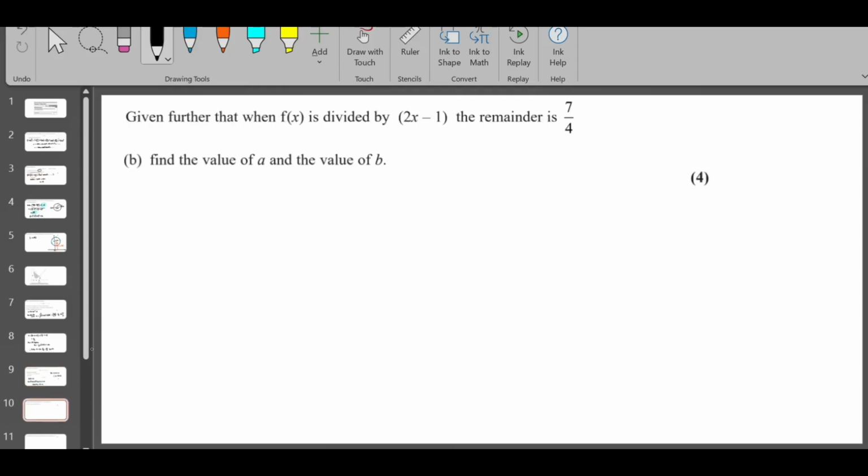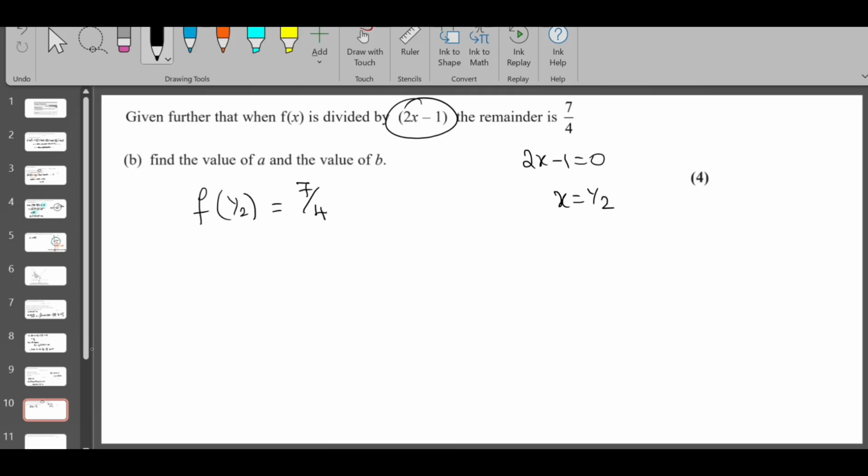Given further that f of x is divided by 2x minus 1 and the remainder is 7 over 4. So using the remainder theorem, if 2x minus 1 is a divisor, equate it to 0. So x is 1 over 2. So if you sub in 1 over 2 into the function, you will get the remainder 7 over 4.